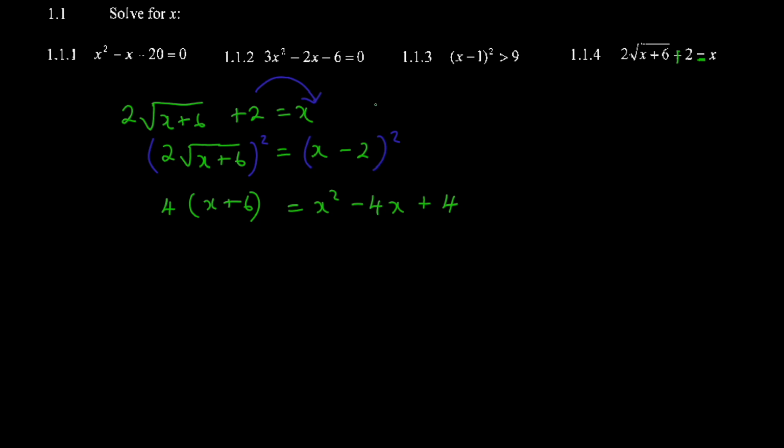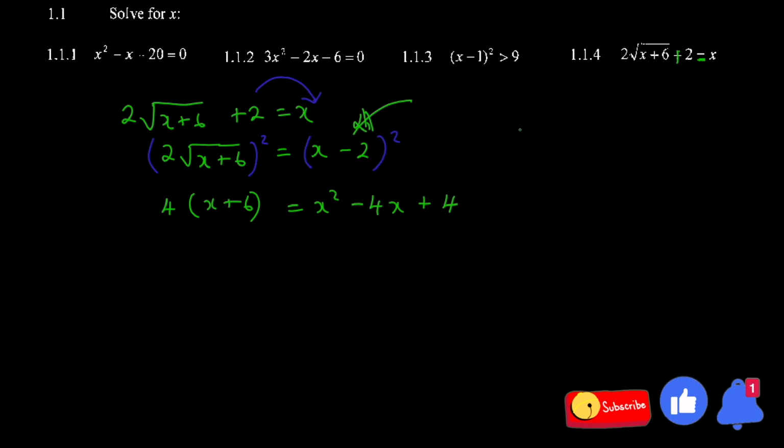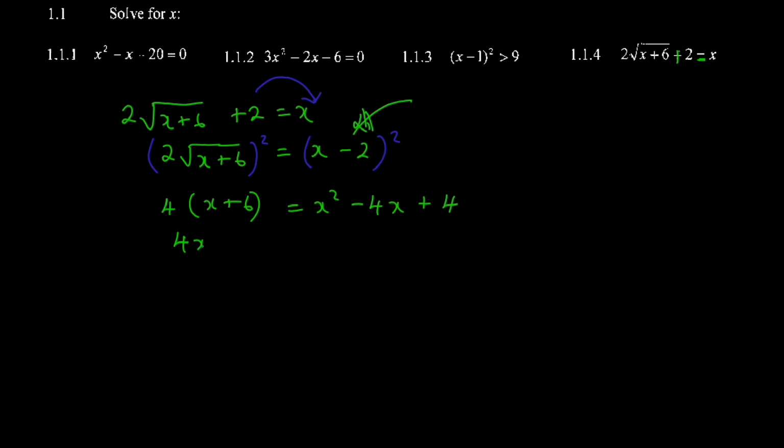You're supposed to be able to expand squares by just recalling the formula, okay? You can look it up in your work as well. It's not very hard, okay? Rather than expanding the brackets and then taking the expansion, which would be time consuming, you can just go straight ahead and expand, okay? So here what you get: 4x plus 24 equal to x squared minus 4x plus 4.